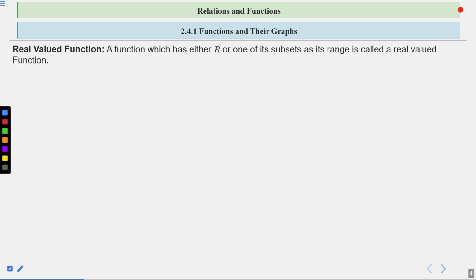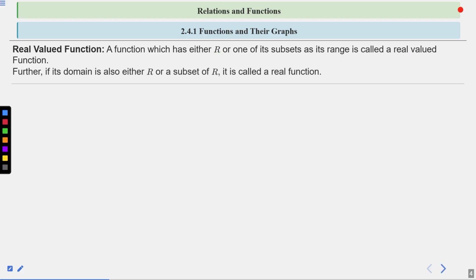So first, real valued functions. What are they? Quite simple. If you are given a function which has either R, the whole real numbers, or one of its subsets as its range, then we will call such a function a real valued function. Clear?